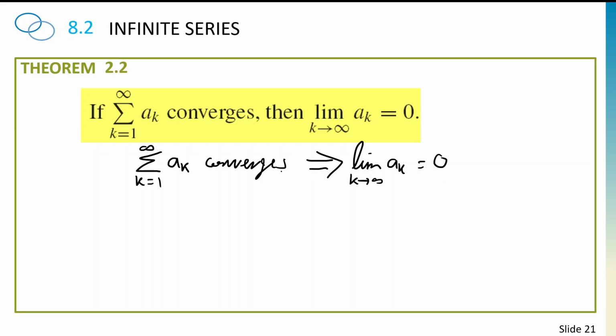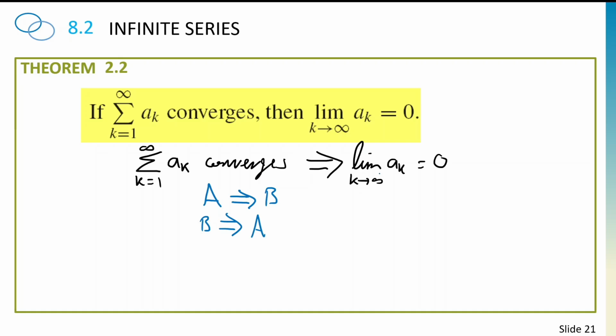Okay, how can this be useful? Now I need you to think a little bit. We need to use our knowledge about logical statements. Let's say this statement is A. So if A implies B, this is what we have. It's one way, only if-then. Does it mean that B implies A? What do you think?